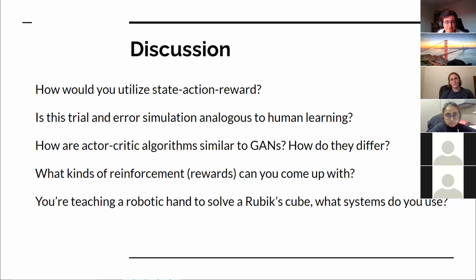So quick question, does anyone actually know how to solve the Rubik's Cube here? I used to. I don't know if I remember anymore. Okay, so I do. And it's funny that you're talking about algorithms, because the method for a human to solve a Rubik's Cube is they follow what they call specific algorithms, which is a language that determines which side of the Rubik's Cube moves and how you move it.